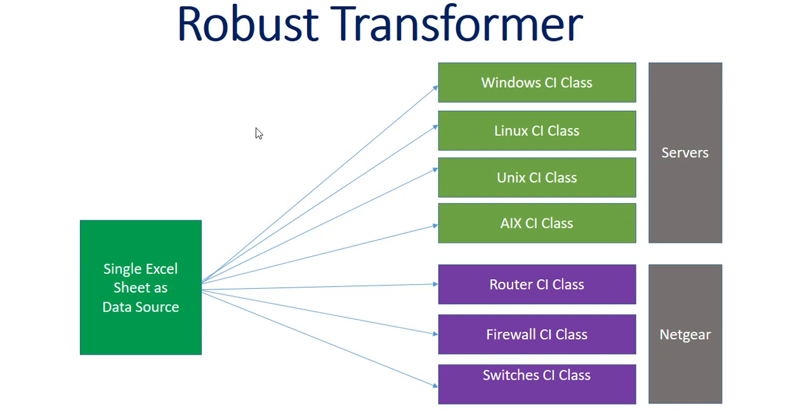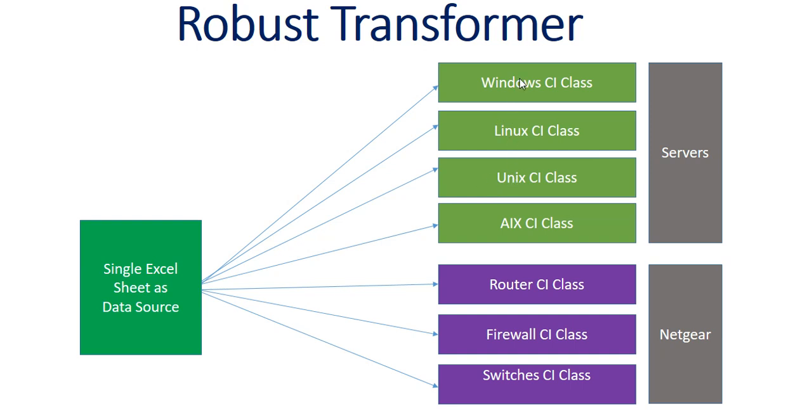Well, this exercise will be like this: firstly, I'm going to show in ServiceNow that all of these classes, the server classes and network classes, each particular class, is empty in ServiceNow. I mean, zero CIs.